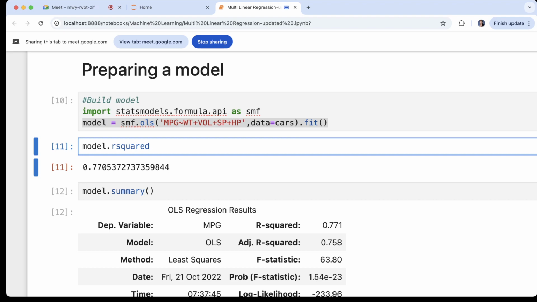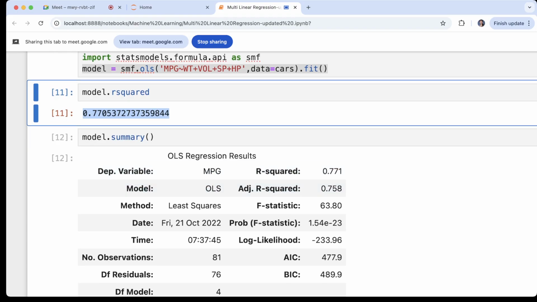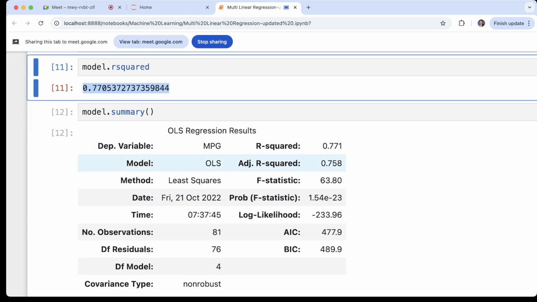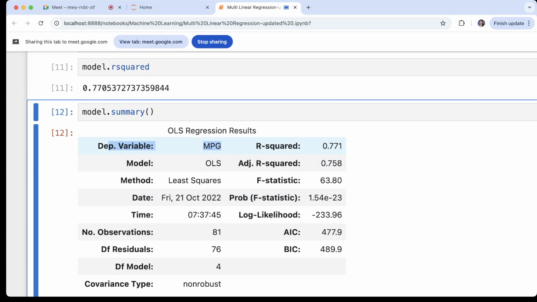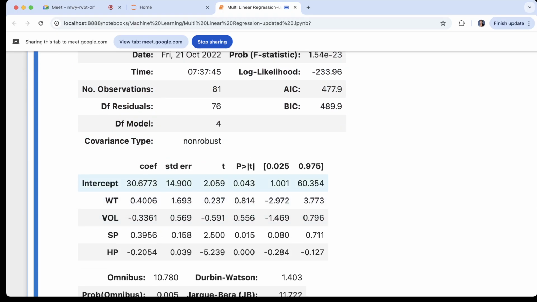You can check the R square value, which is 0.77. You can also do model summary. In model summary, you can check the dependent variable, R square value, and the intercept values. There is also one value, that is the p value here.